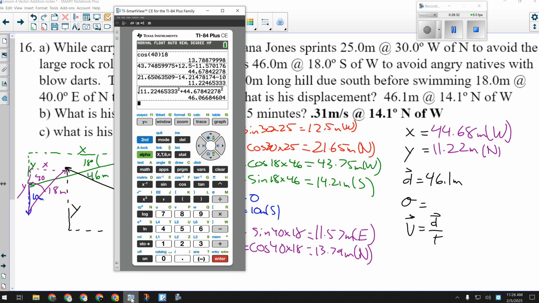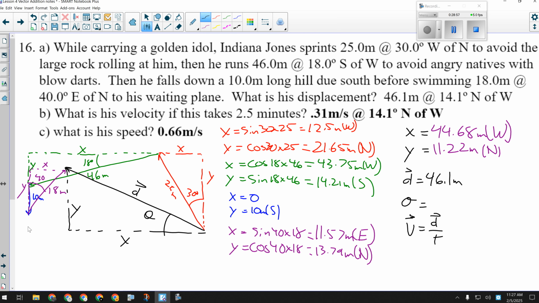So inverse tan of the 11.22 divided by the 44.68. So we're looking at 14.1 degrees. And for me, that is north of west.